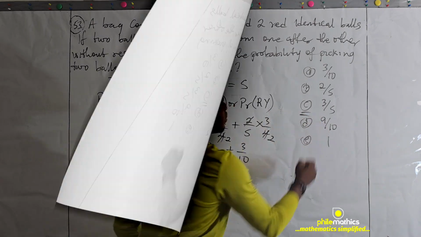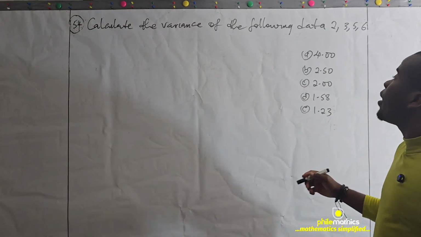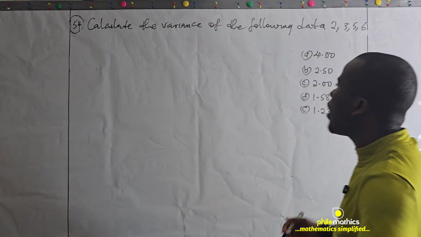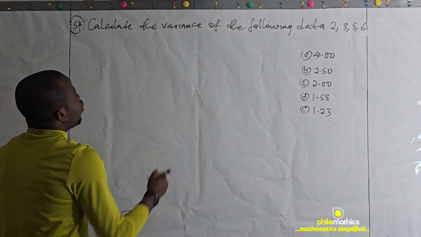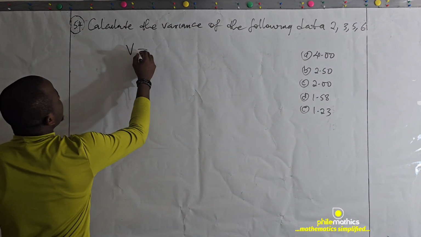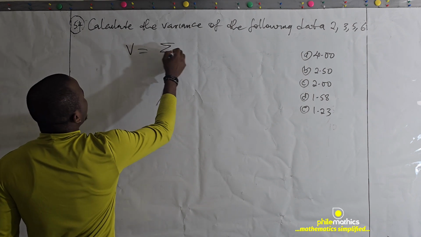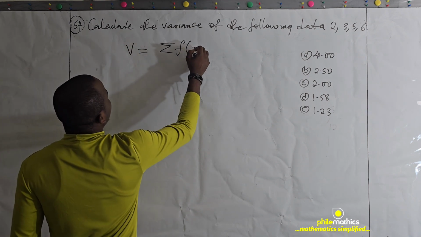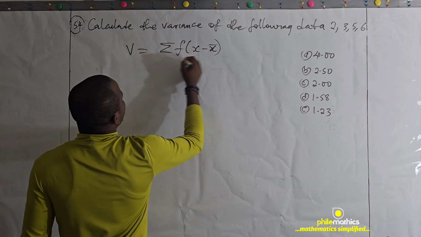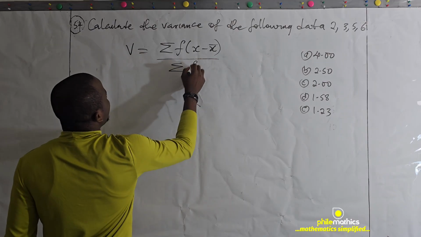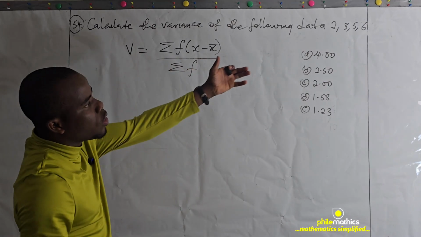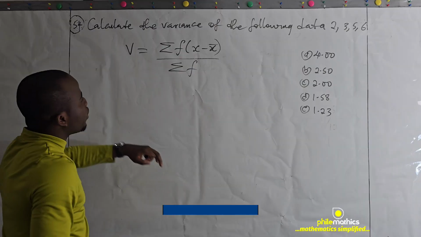And that's C. Calculate the variance of the following data: 2, 3, 5, 6. Recall that variance is summation of f of x minus x bar over summation of frequency, but we don't have frequency here because none of them are reoccurring.